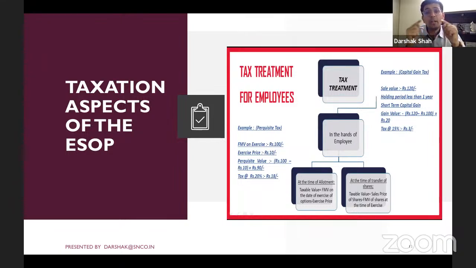It has not dealt with the situation where you pay tax in a foreign country on the same perquisite value, whether that will be allowed or not. That is not directly dealt with under section 49.